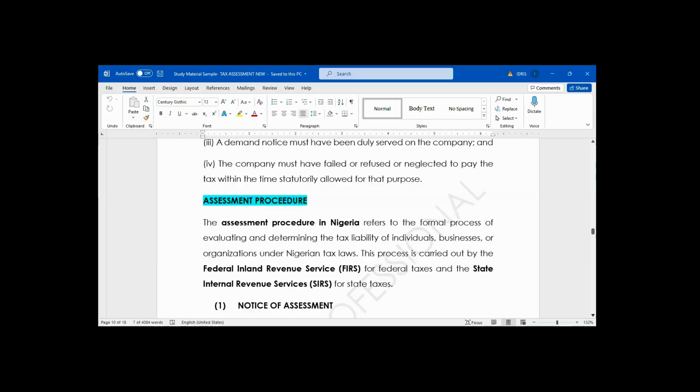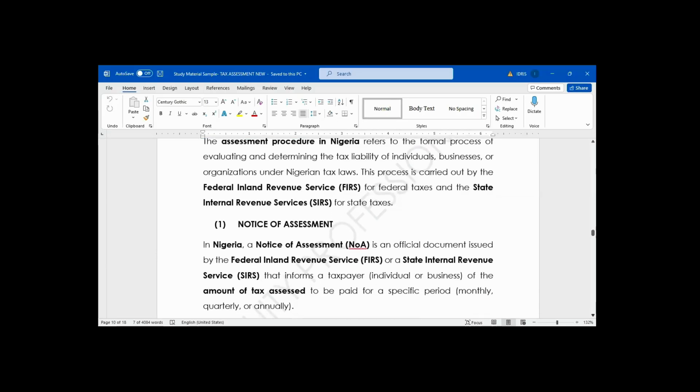What is a notice of assessment? It's an official document or letter written by the tax authority, either FRS or State Internal Revenue Service, informing the taxpayer of the amount of tax that they will pay for a specific period of time.